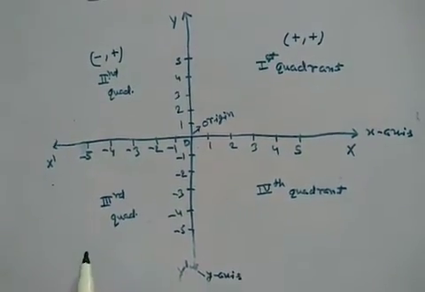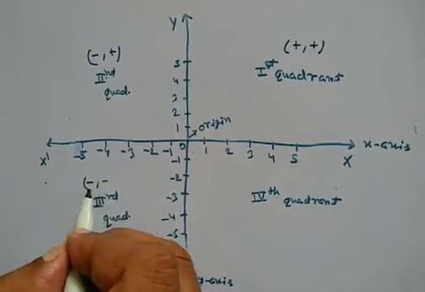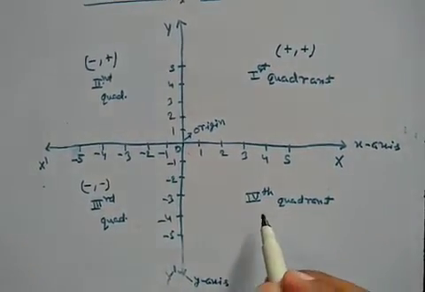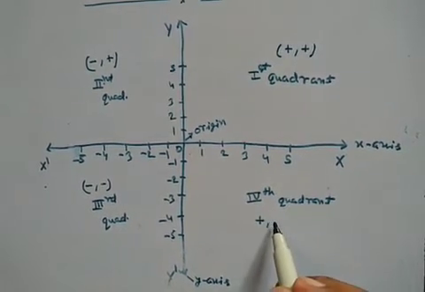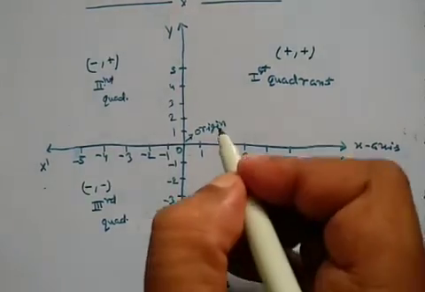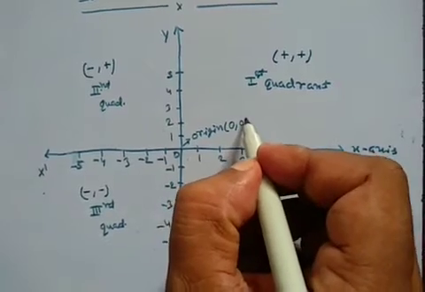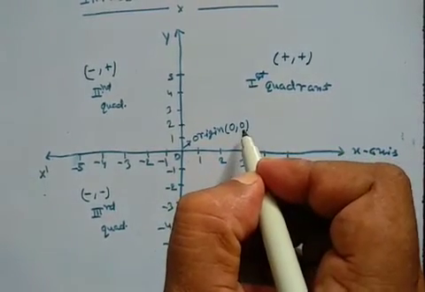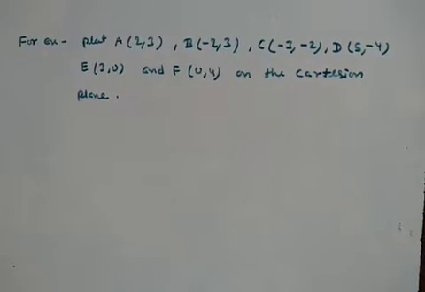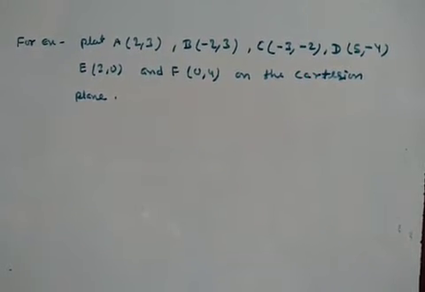In the third quadrant, abscissa and ordinate both are negative, and in the fourth quadrant, abscissa is positive but ordinate is negative. The coordinates of the origin are (0, 0). All of you remember this.